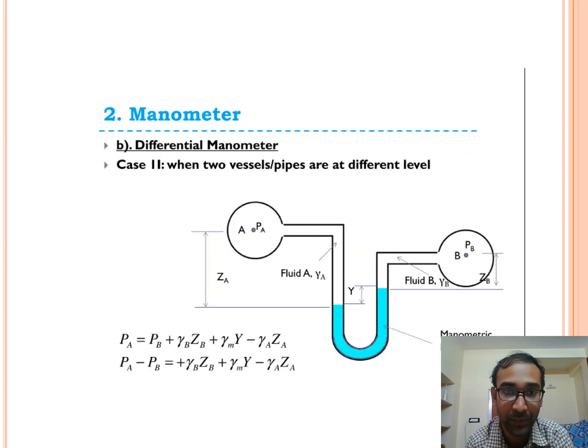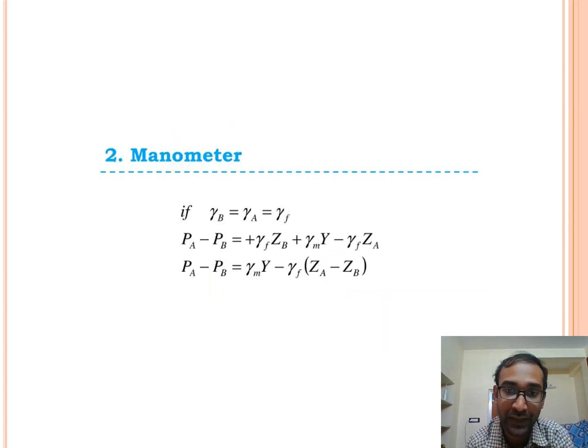This is the pressure difference. In the second case, when the two vessels and pipes are at different levels, that means A is on the higher side and B on the lower side, we follow the same approach at a cross section at this level. If the left hand side and right hand side pressures are equal, Pa minus Pb equals gamma B Zb plus gamma m Y minus gamma A Za.